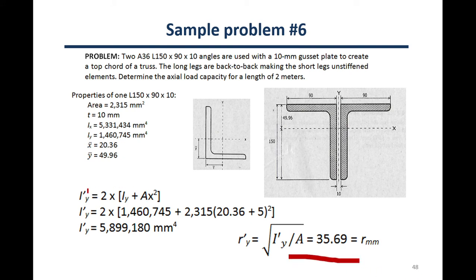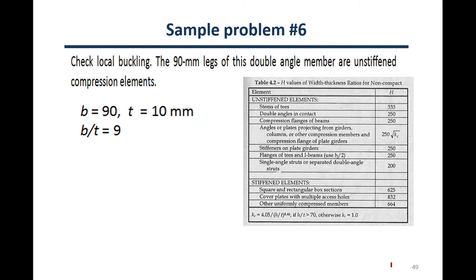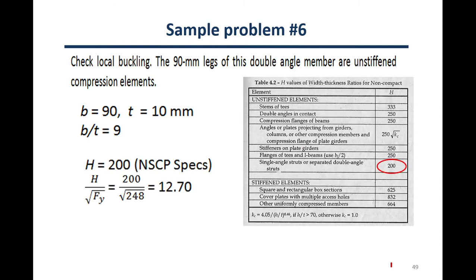Ito kasi formula niyan, ha? Ayan. Okay. So, we have here our minimum. So, we have to check the local buckling, the 19mm legs of the double angle member and stiff compression pala, I mean, elements. So, B over T is 9. So, we have used 200.